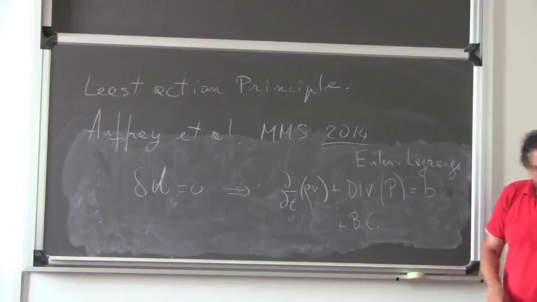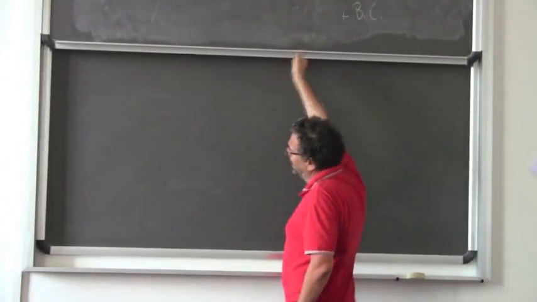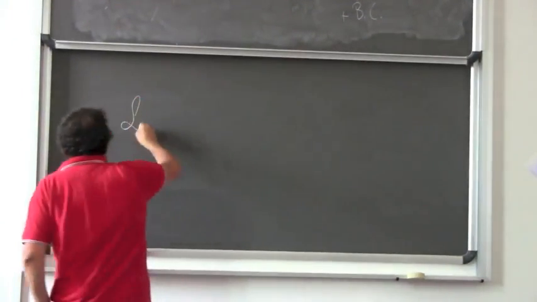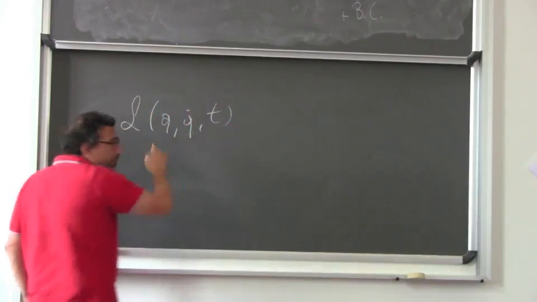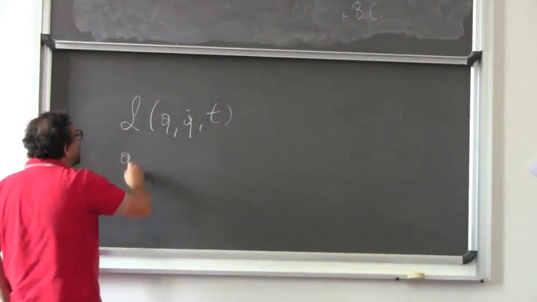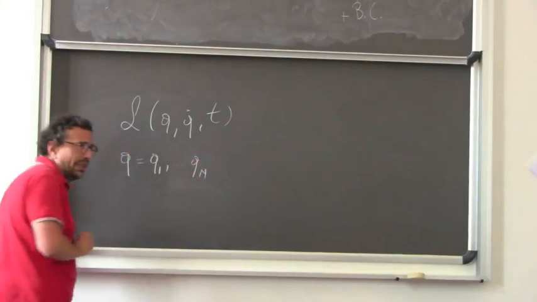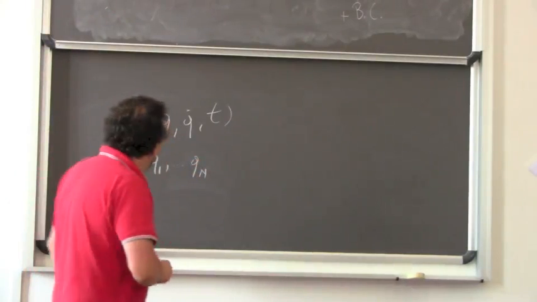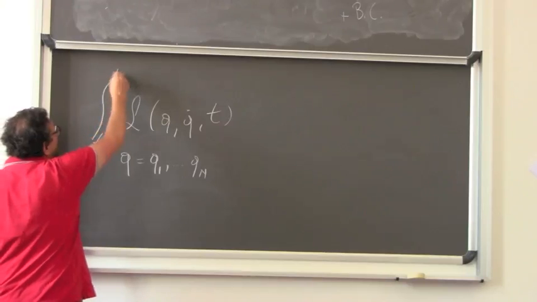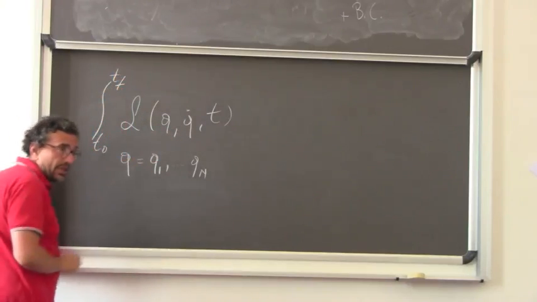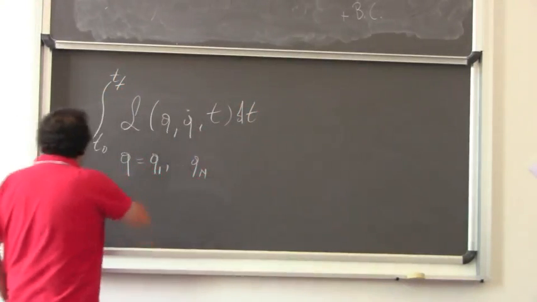In another lecture, we started from a Lagrangian depending on q dot, q and t, where q are the n Lagrange parameters of a model having finite dimensions. And we wrote the action as the integral of this Lagrangian function. This was the action.